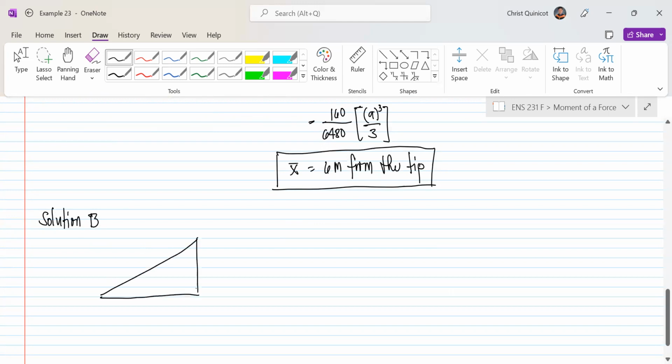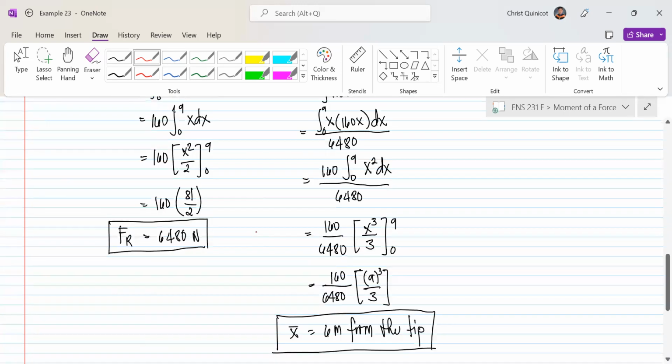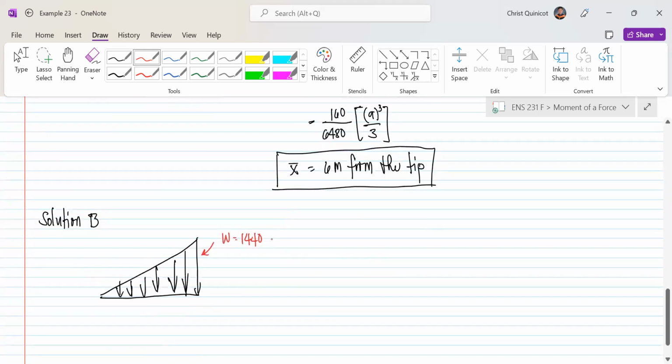Now for solution number two, or solution B, if we can observe, our loading is uniformly varying, right? And it creates a triangle. And we know that at the edge here, we have w equal to 1,440 Newton per meter.